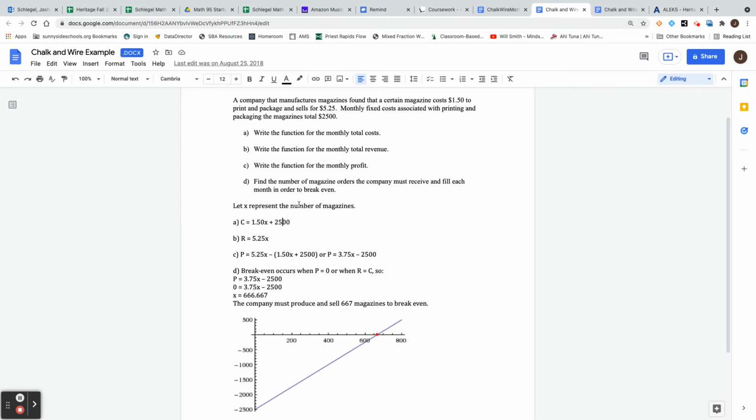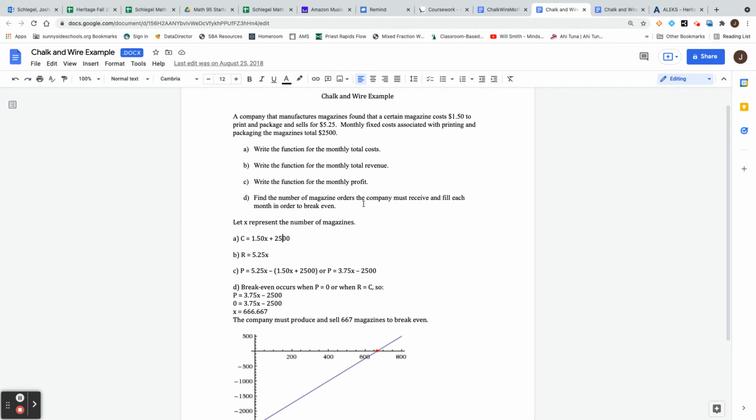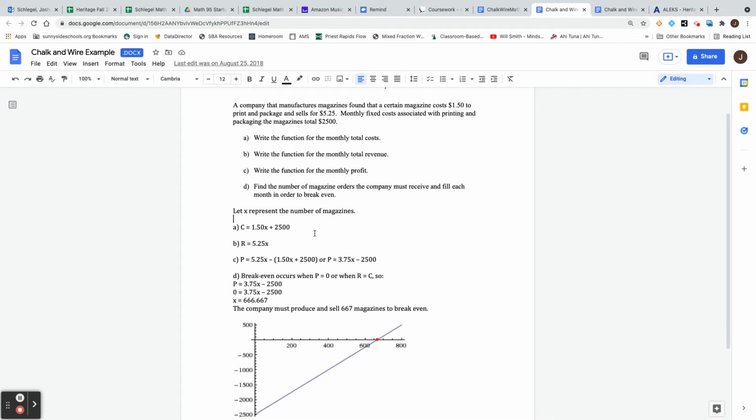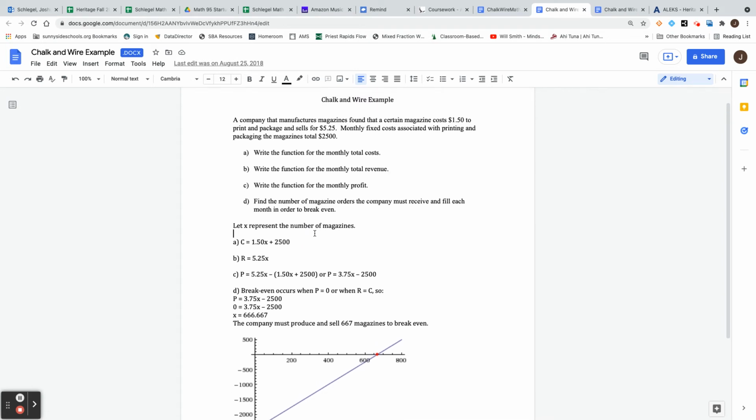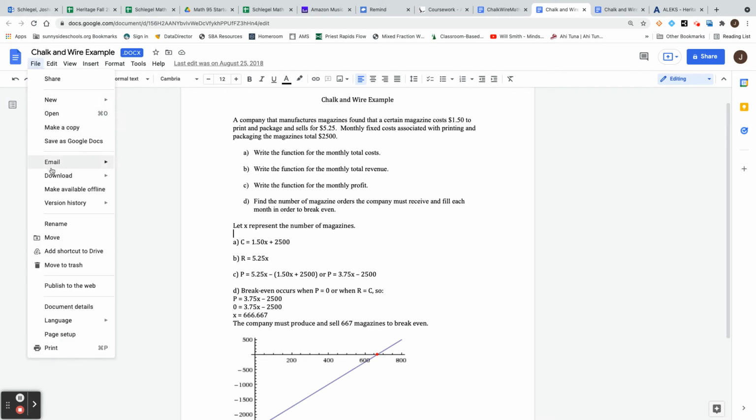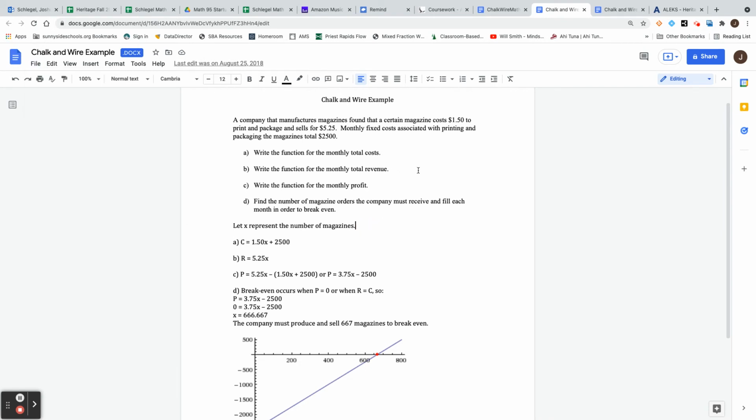If you're doing it using Microsoft Word, you can say File, Save As, and change it to PDF, or you can just upload the Word document. But I don't believe that if you put a link in Chalk and Wire, it's going to work. I think I'm going to need the actual Word document or a PDF of the Google Doc. So again, to do that is File, Download, PDF, and then you would have something that you could upload to Chalk and Wire.